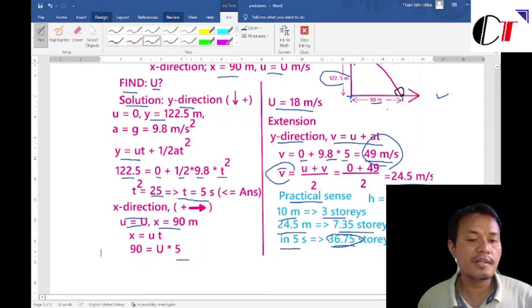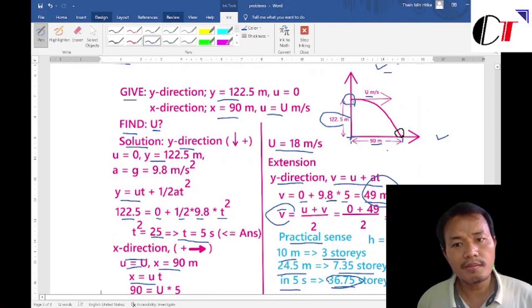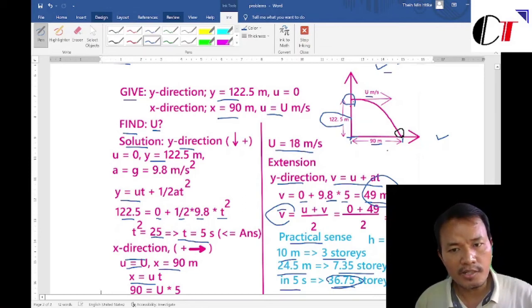Since the motion in the x direction is steady speed, the distance equation is x equals u times t, and x is 90 and t is 5, so u is 90 divided by 5, which is 18 meter per second. This is what has been asked in the problem. You are asked to find the initial speed.